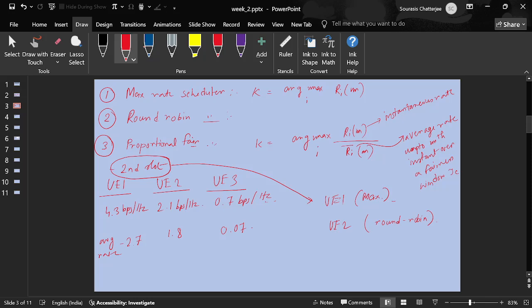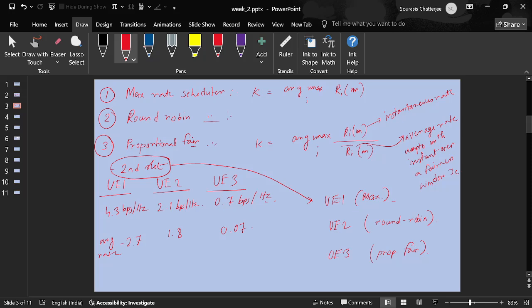User 3. But user 3 is observing the lowest instantaneous rate possible. Why will it go for user 3? The ratio of both is higher. Ratio. So, fine, this is the math part. Intuitively, how does that explain the working principle of proportional fair?